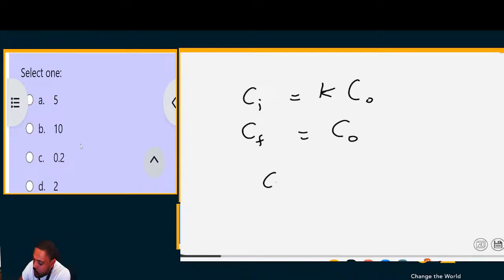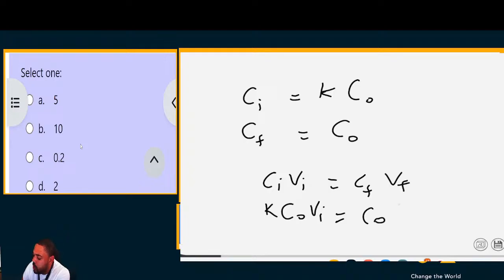C initial times V initial equal to C final times V final. But we've already established that C initial is equal to K times C naught, and the final capacitance is just C naught because the dielectric has been removed.